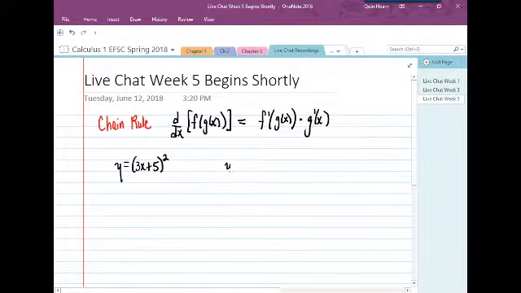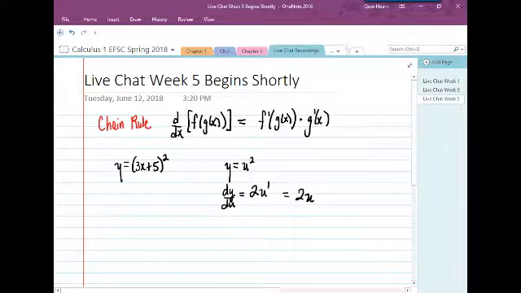We already know how to take the derivative of y equals u squared, right? So in this case, dy du, we would use the power rule, bring 2 out front, subtract 1 from the power, and we would just get 2u.